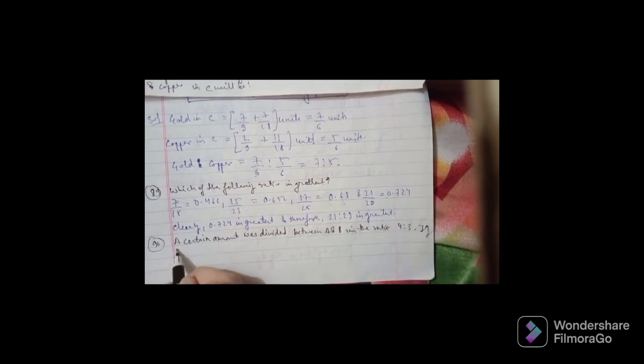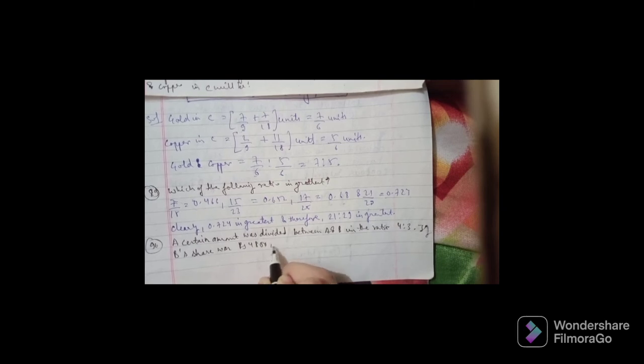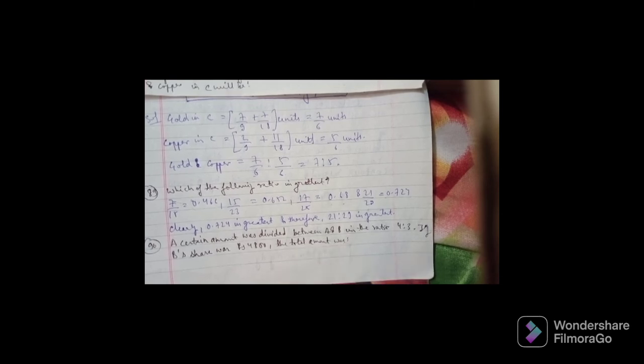If B's share was rupees 4,800, the total amount was: rupees 11,200, rupees 6,400, rupees 19,200, or rupees 39,200.